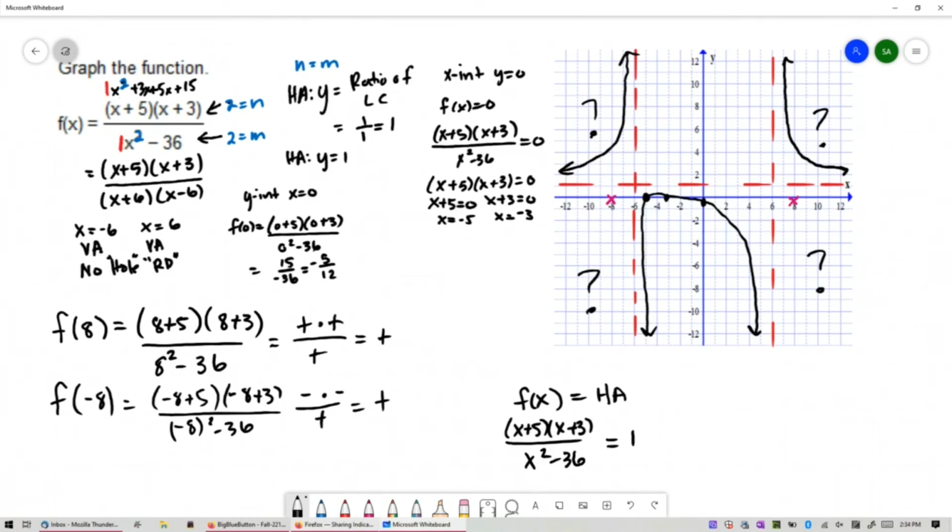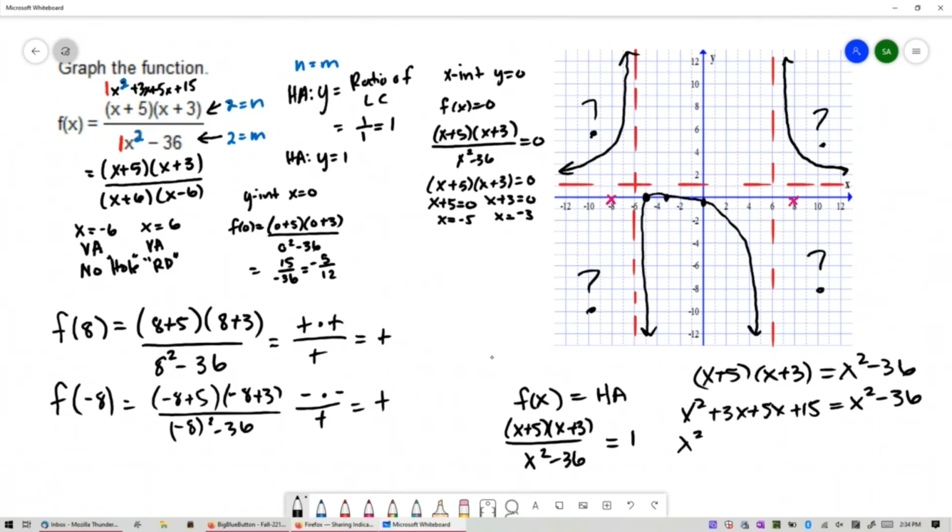Let's see if that equals 1. And that is (x plus 5)(x plus 3) equals x squared minus 36 if I multiply by that denominator on both sides. I can multiply this out and I get x squared plus 3x plus 5x plus 15 equals x squared minus 36. I'll combine like terms.